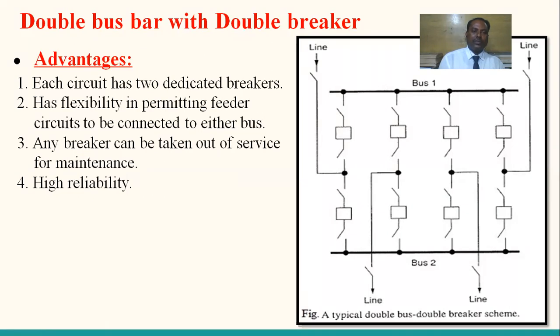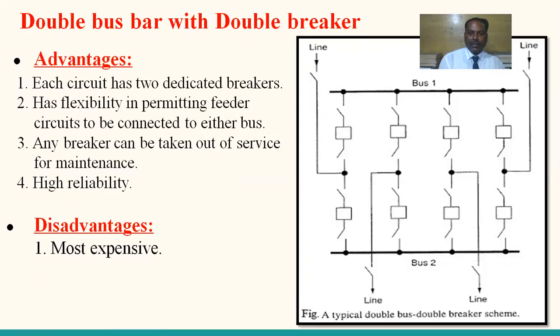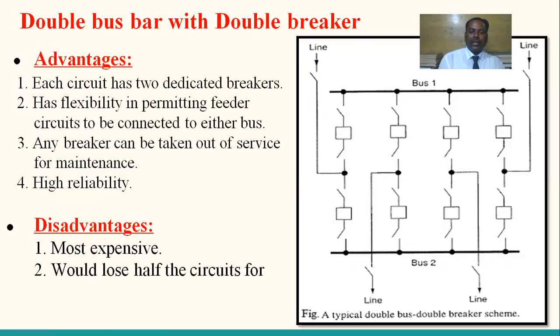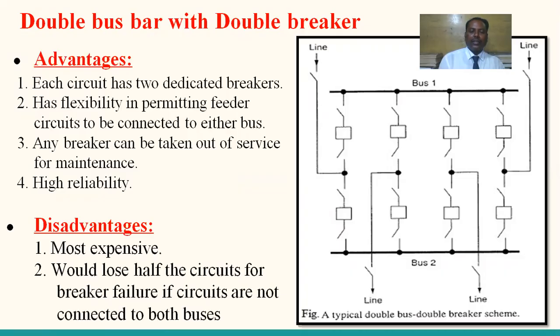Disadvantages: more expensive. Already we discussed that as the number of components increases, it is a costlier process, but a highly reliable process with continuity also. You would lose half the circuits on breaker failure if circuits are not connected to both buses.